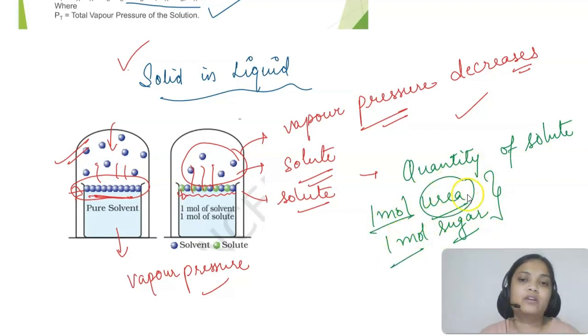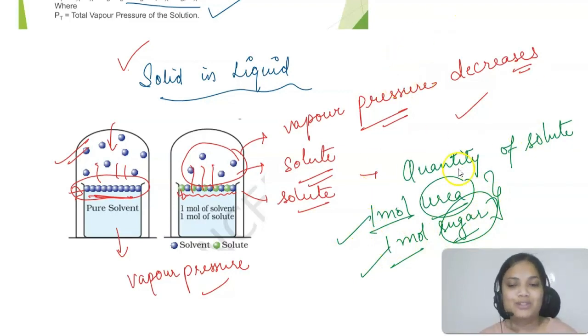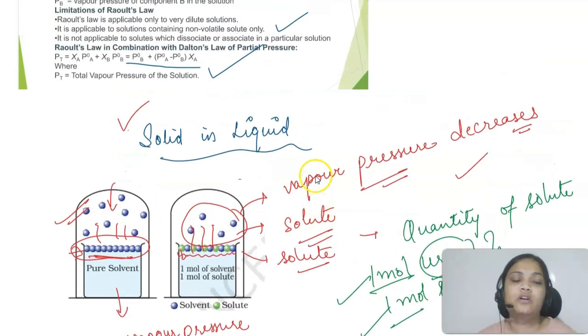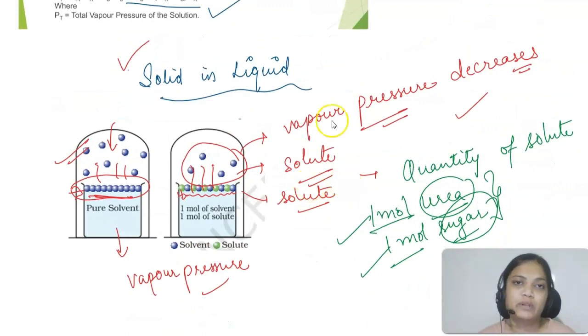It is not depending on the nature of the solute, it depends on the quantity or the amount of solute. Okay students, so this was related to your vapor pressure. Firstly, we discussed it for liquid in liquid, where we discussed Raoult's law. Then for solid in liquid, where the vapor pressure decreases. Okay. So I think this first part of the chapter is clear to everyone.